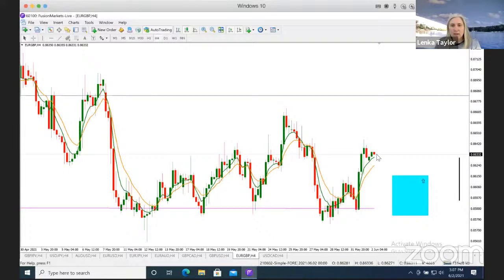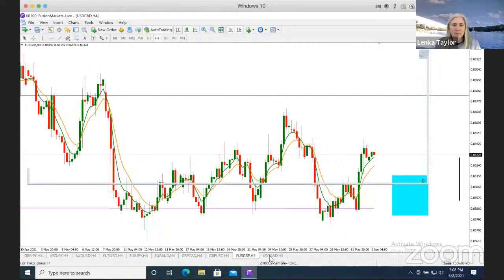So in terms of the entry on the 4-hourly chart, I'm looking for a pullback down to the bottom of this short-term range, going sideways, so to the bottom there. And then if I had price action there indicating a reversal, I would be looking for a long from that point.